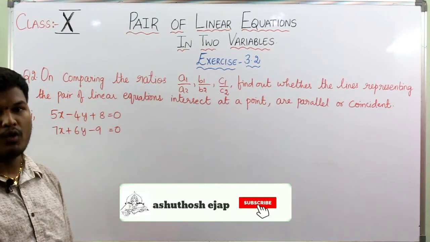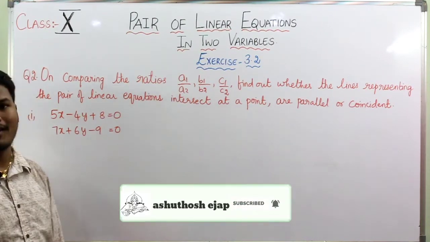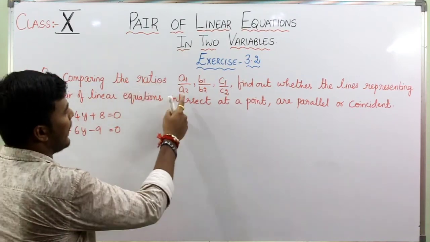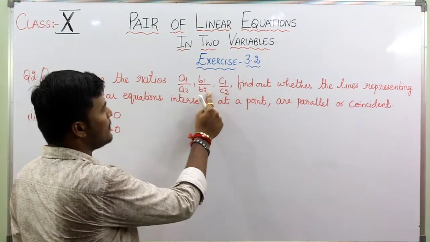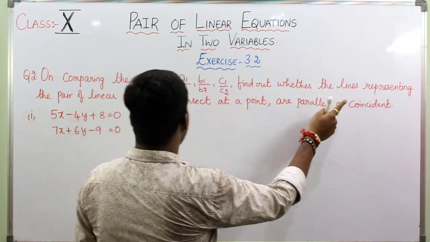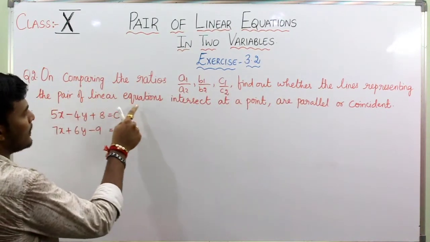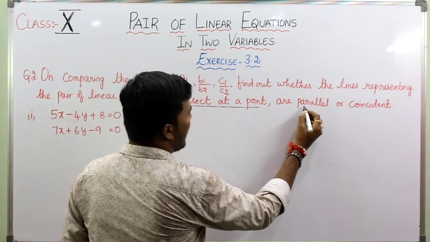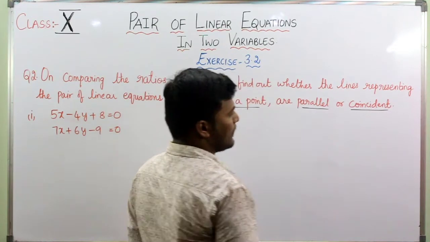Now the second problem of exercise 3.2: on comparing the ratios a1 by a2, b1 by b2, c1 by c2, find out whether the lines representing the pair of linear equations intersect at a point, are parallel, or coincident.